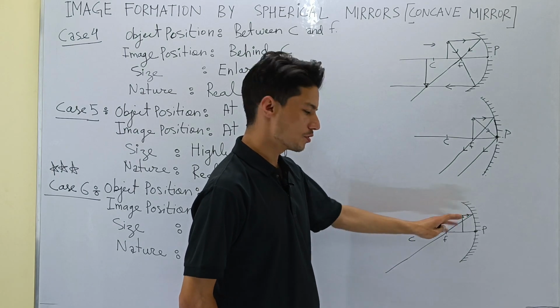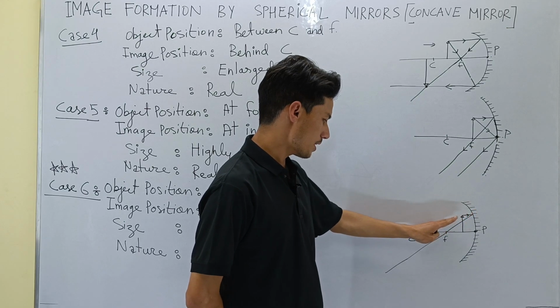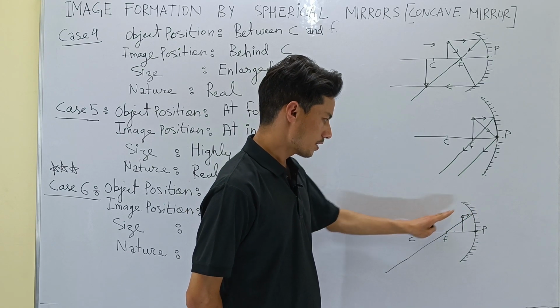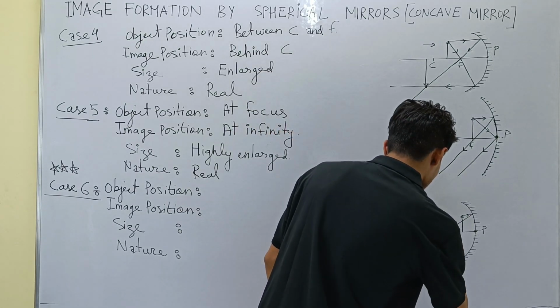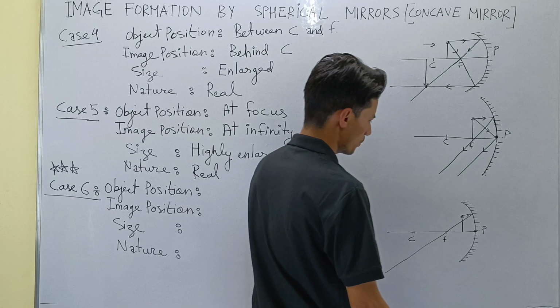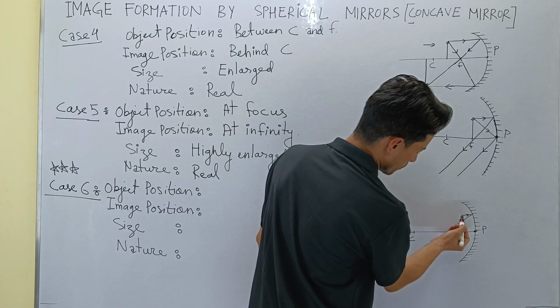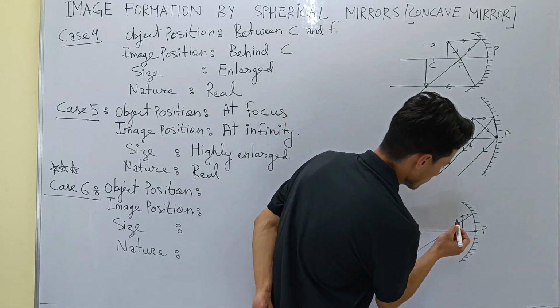I think I'll use the third rule, which says that a ray which passes through the center of curvature backtraces through the curvature again. Or I can use the fourth one. Let me use the fourth one.